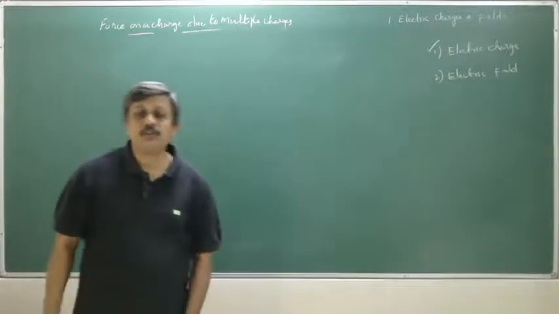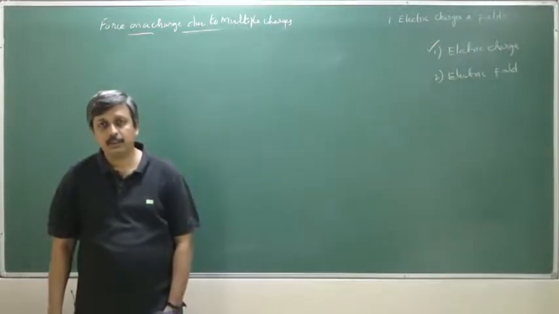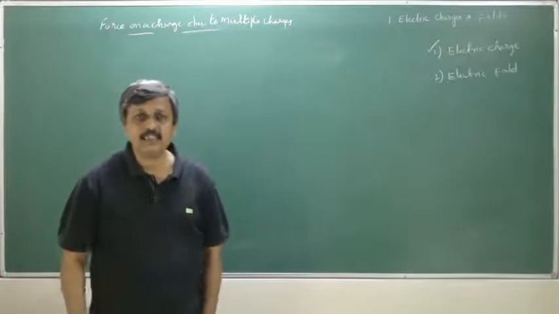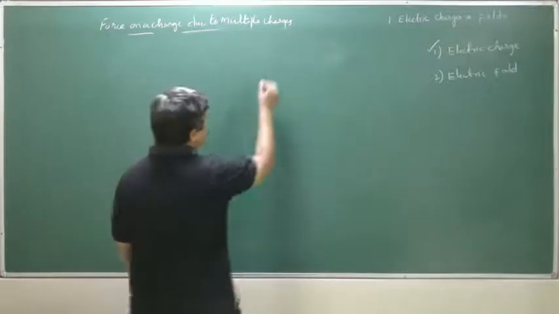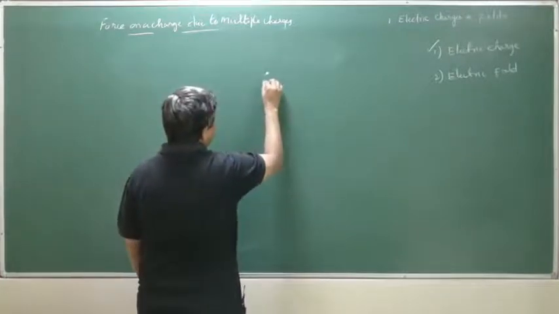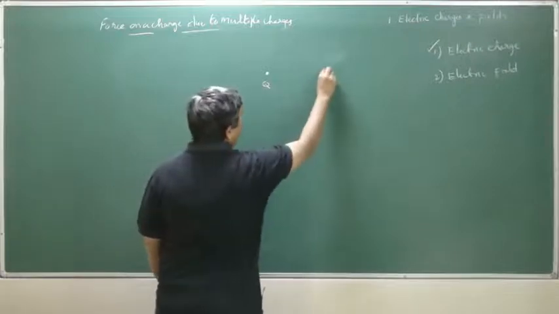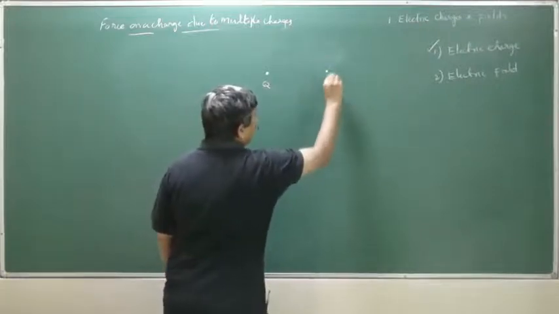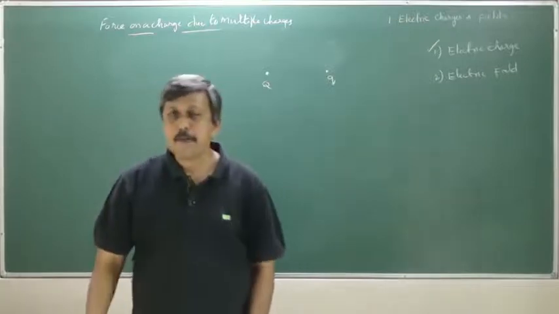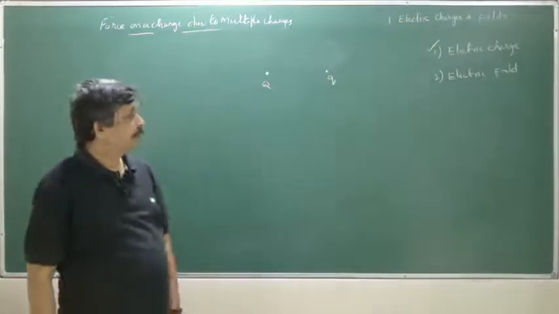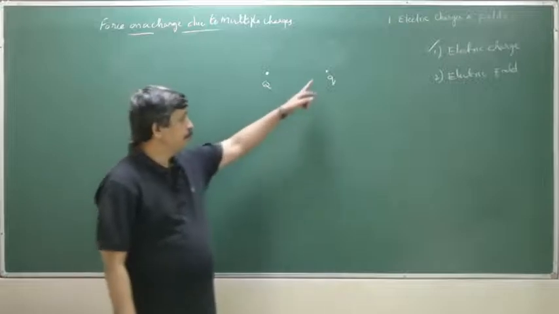When you look at Coulomb's law, what it tells you is this. Let's say we have a charge here, capital Q, and here I have another charge, small q. Now I want to find out the force at this point.